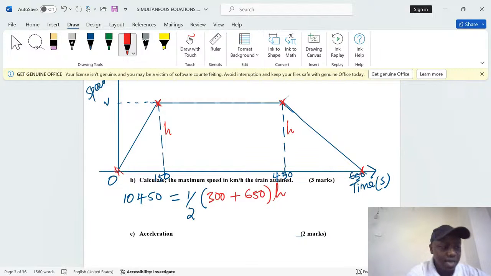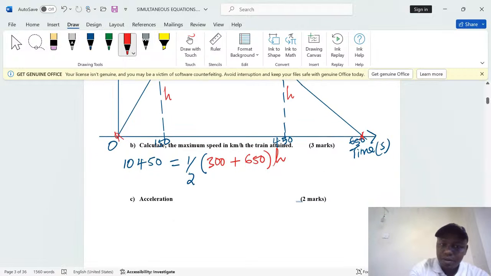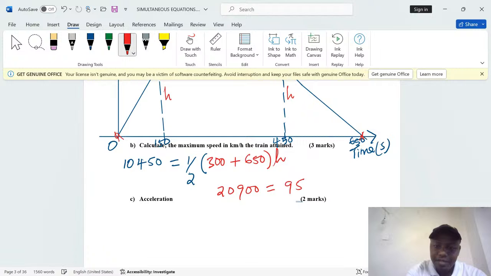That will be able to give us the total distance. So now with this, we can talk about the h, which means we will need to multiply by 2 through, and this will give us 2,900 equals 950 multiplied by h.